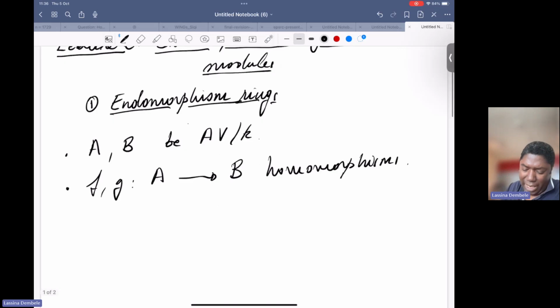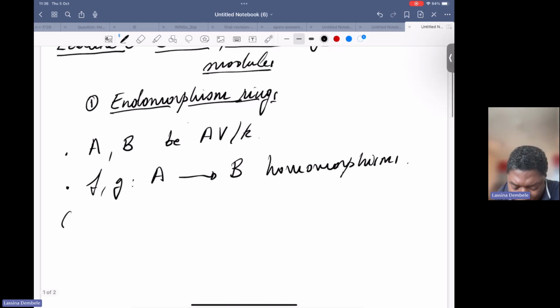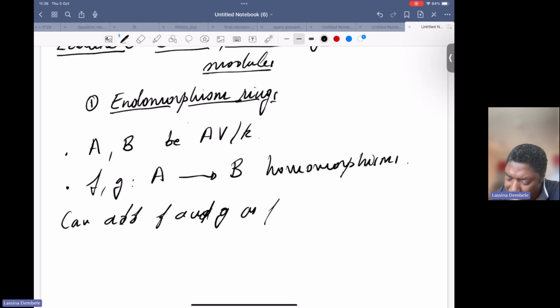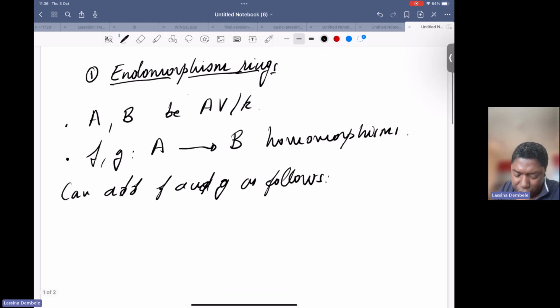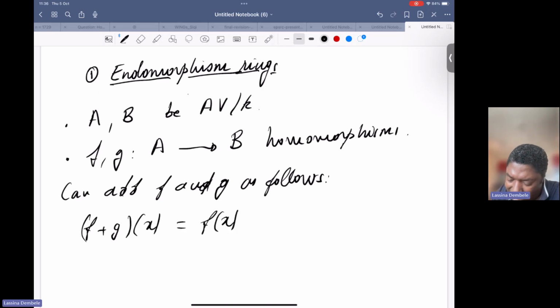Then we can define the addition of f and g as follows. We want to say that (f + g)(x) is equal to f(x) + g(x) for all x in A(K bar).